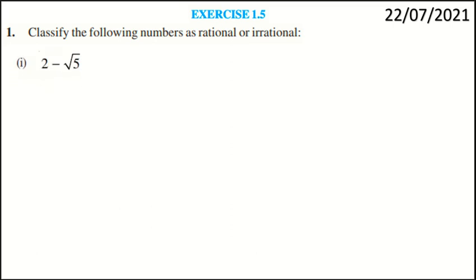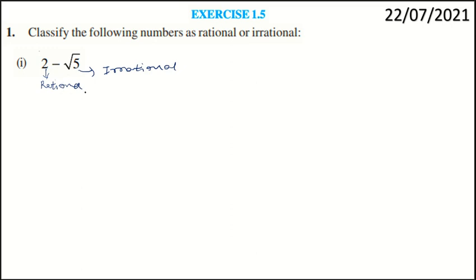First one, 2 minus root 5. You know that here 2 is a rational number and root 5 is an irrational number, and the operation between rational and irrational is subtraction.